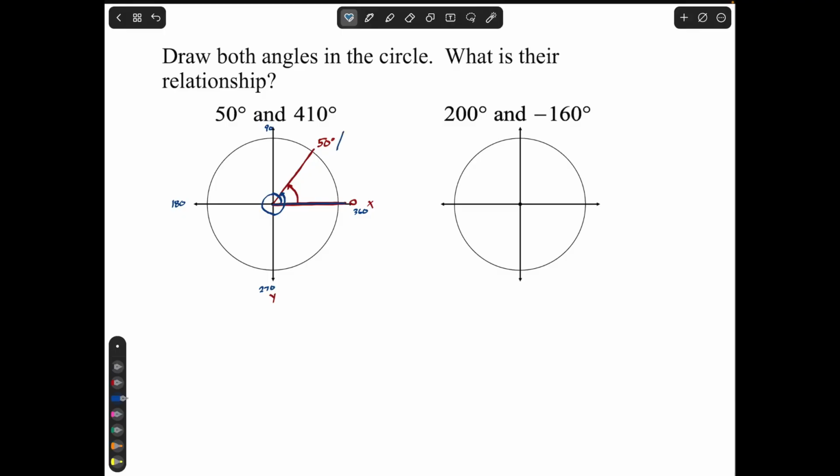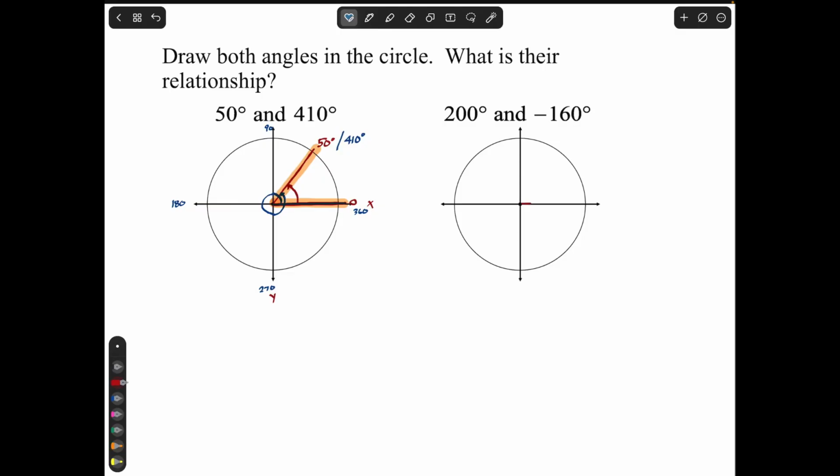Okay, so both of these angles right here have the same terminal side. They both started in the standard position and they both have the same terminal side. Okay, and we'll talk about that relationship here in a second. Let's also look at the second one. Again, we're starting in our standard position over here at 0, and we're going 200 degrees.